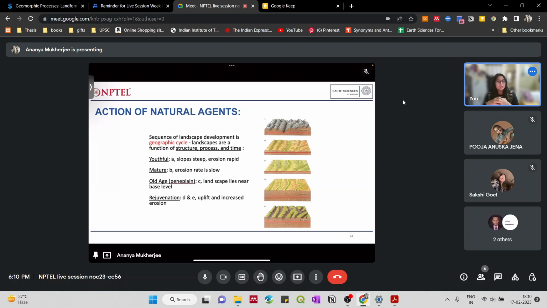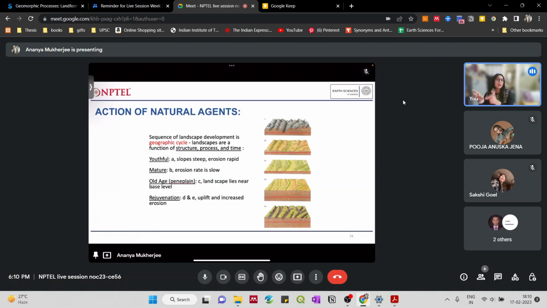The geographic cycle will depend on the structure that is already present and also the structure that is being formed at that time, the different processes that are taking place, whether it's getting weathered or eroded or deposited, and also the time duration within which a certain process is taking place.